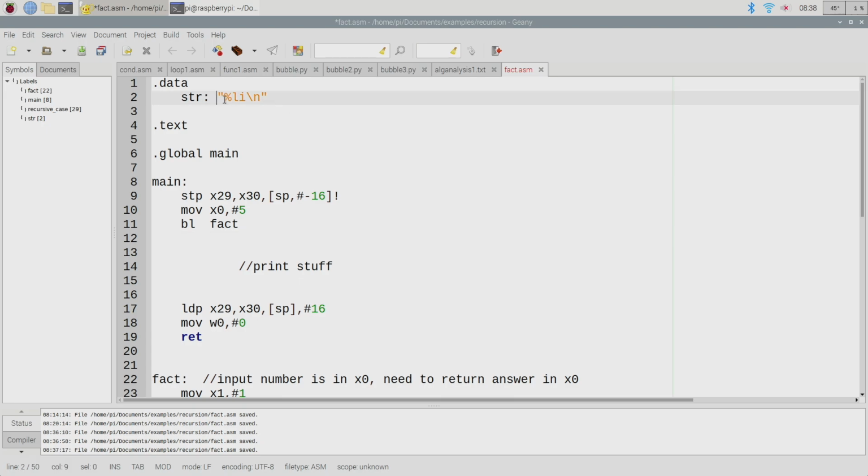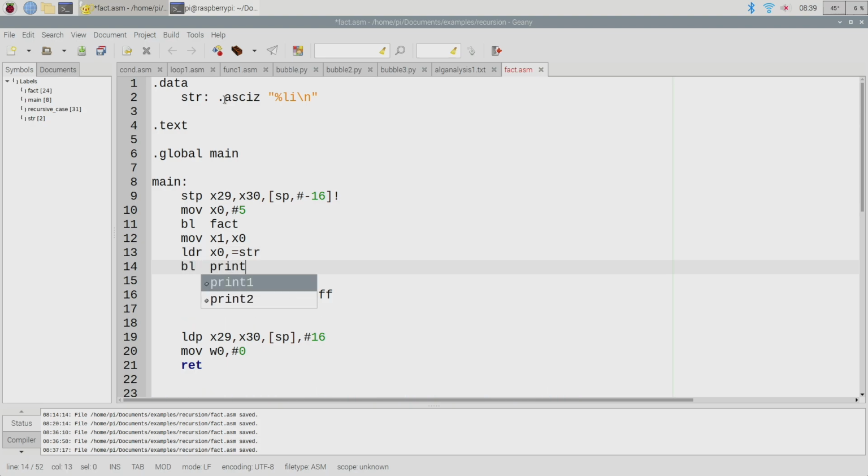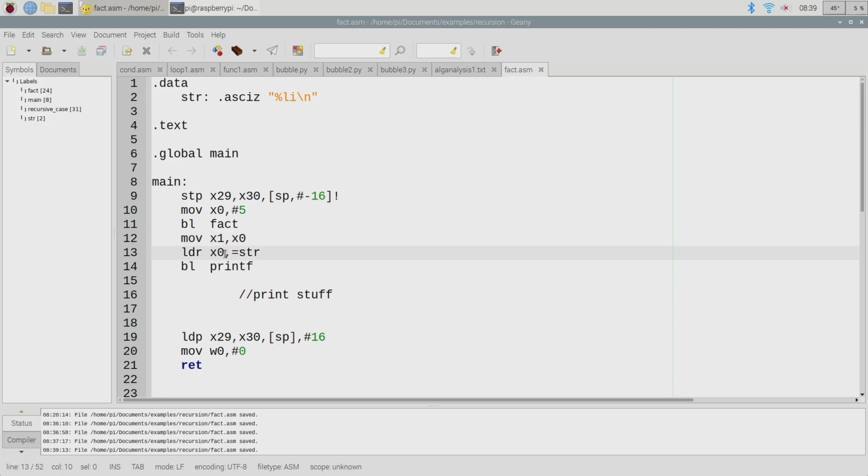Okay, so that will just print my answer because the answer of the factorial is going to come out in x0, but I need it to be in x1 for the sake of printing, because x0 is going to be where I put my format string. So I'm just going to move that data to x1, put the address of the format string in x0 as usual, branch to printf. Okay, now it's still not going to work. Okay, but for reasons that'll become clear in a moment.